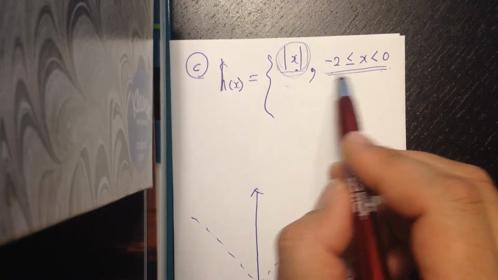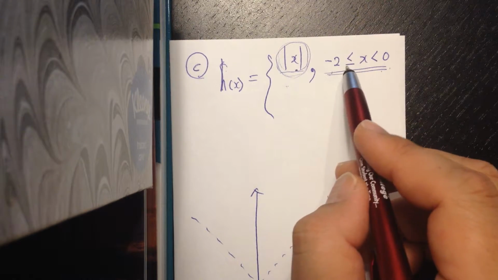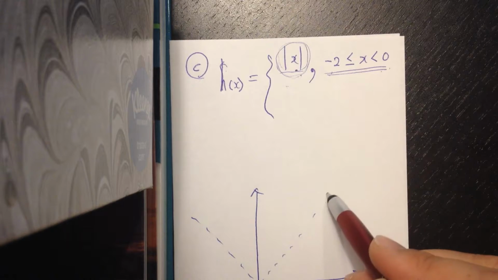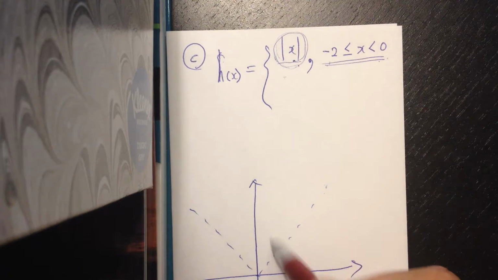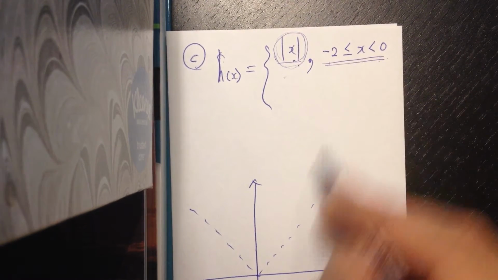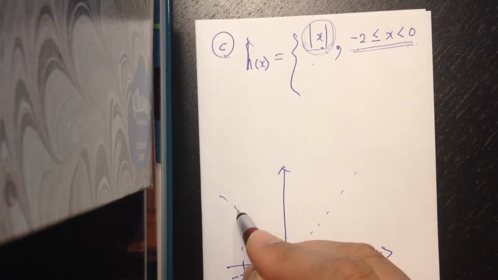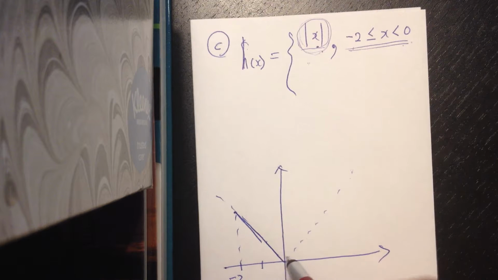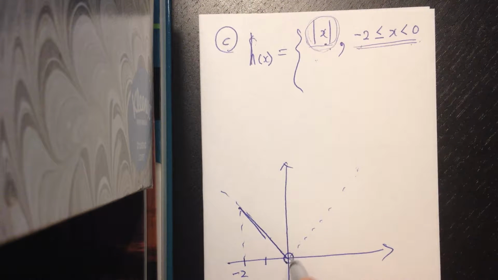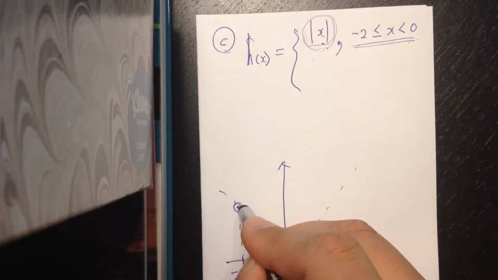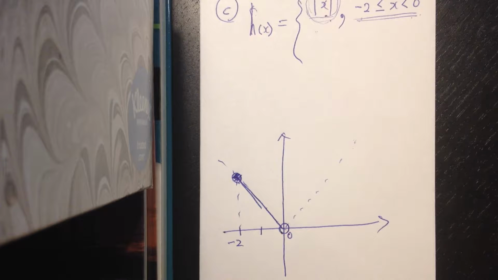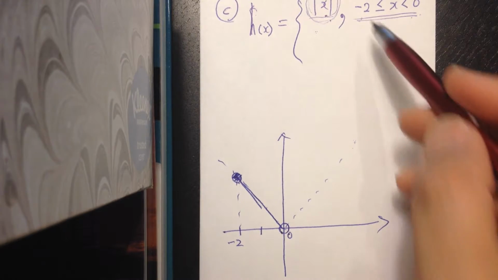Only very limited, from 0 to -2. 0 is not included, as you could see, put a circle. -2 is included, I'm going to shade it, close the circle. So that is the first part.